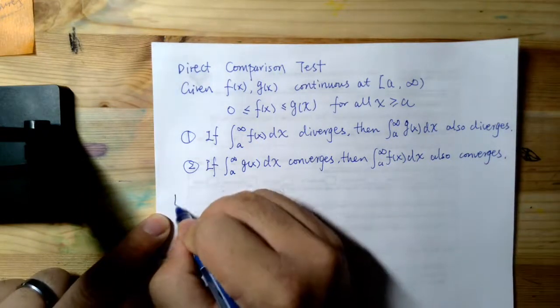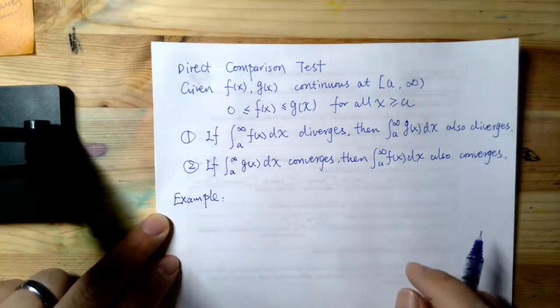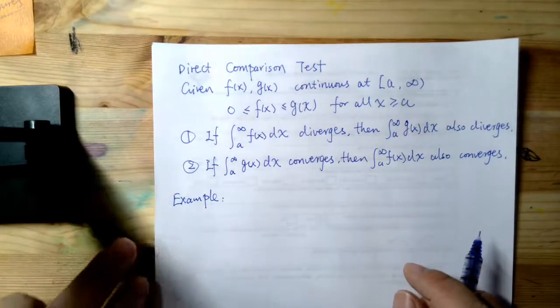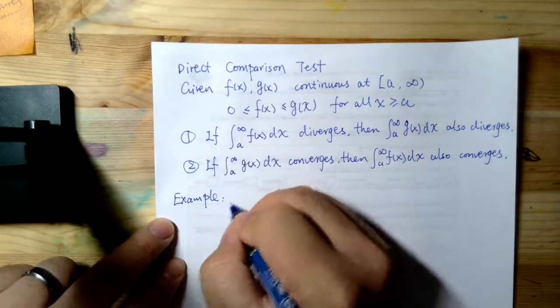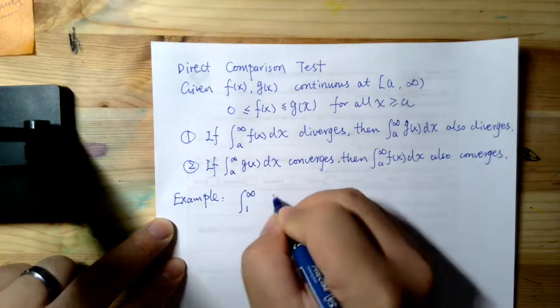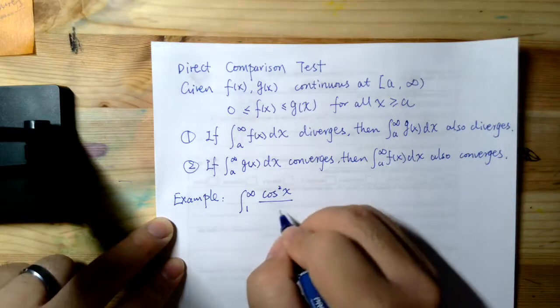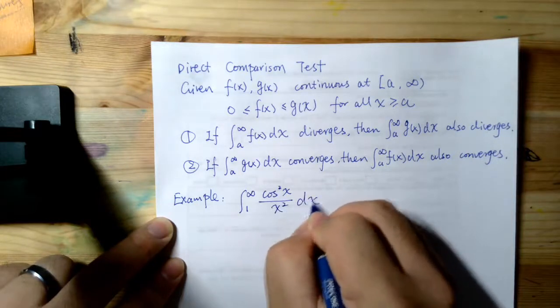So let's see an example. Let's say we have the integral from 1 to infinity of cosine squared over x squared dx.